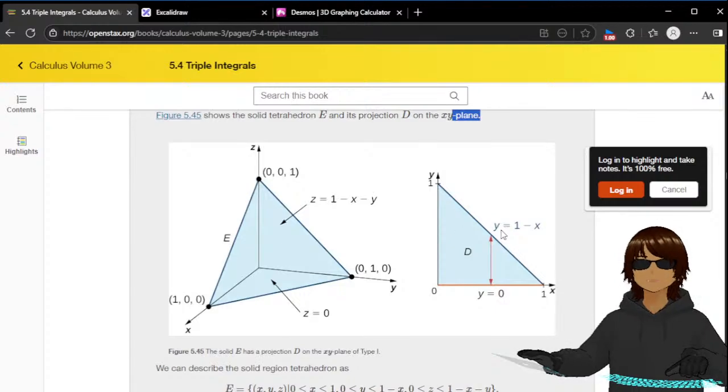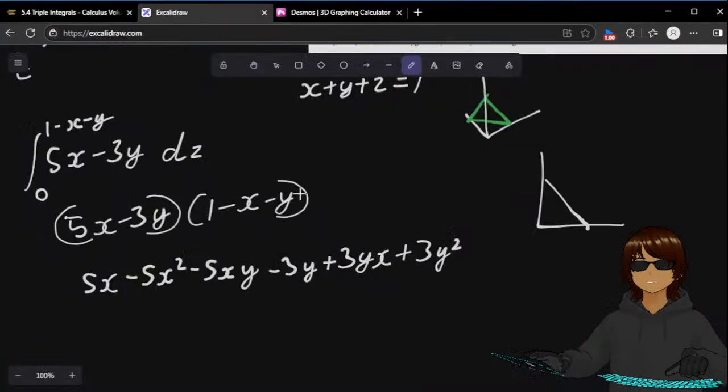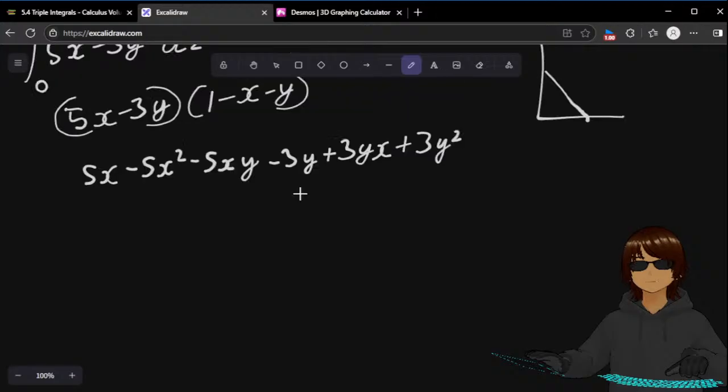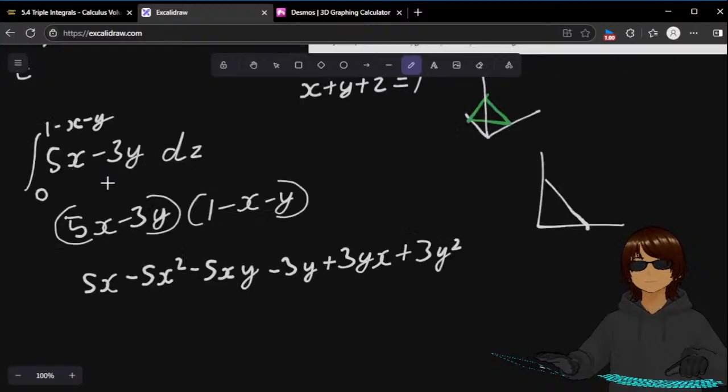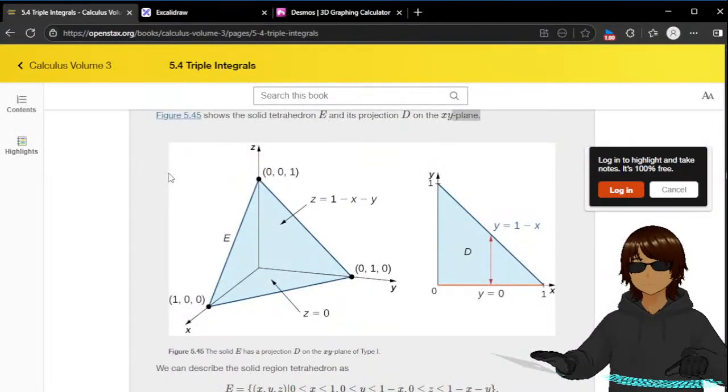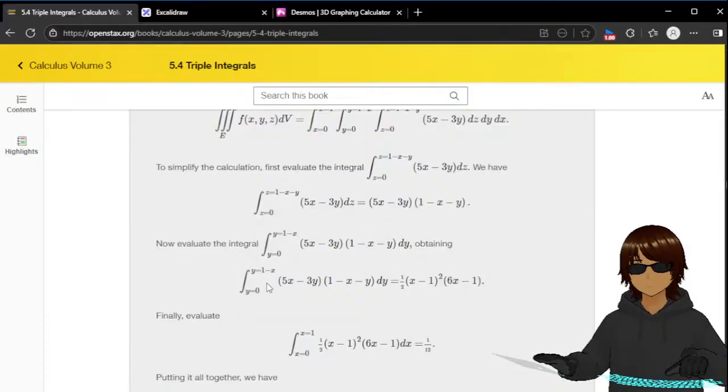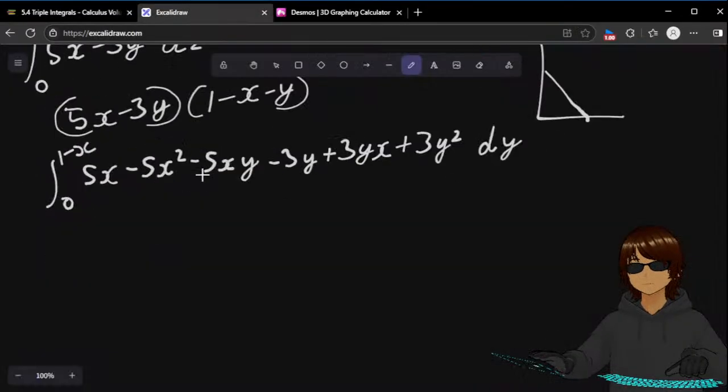If I take one slice of this, y would be equal to 1 minus x, right? And then x has to be from 0 to 1.